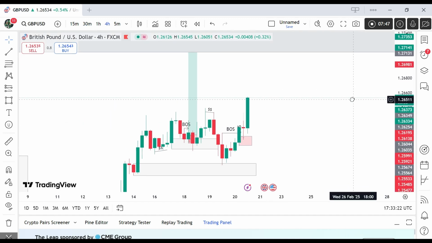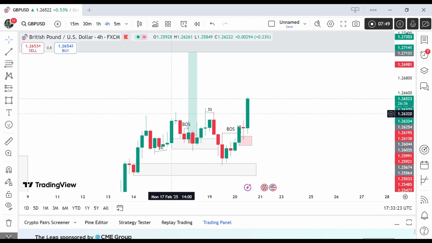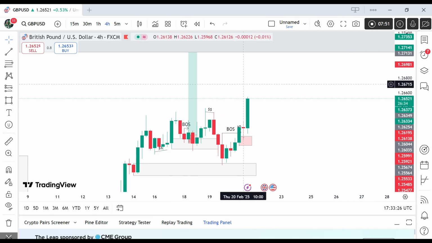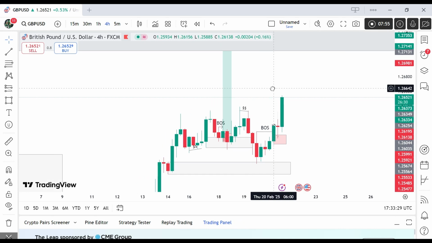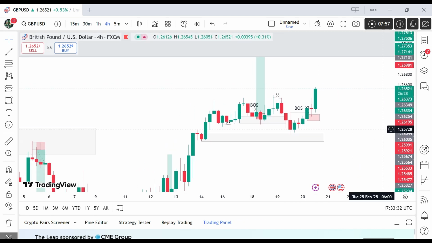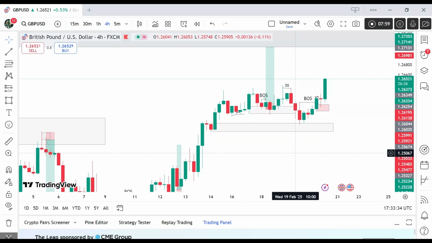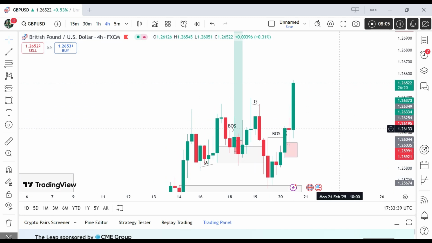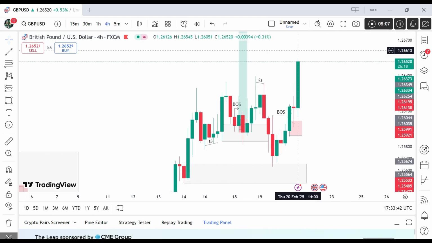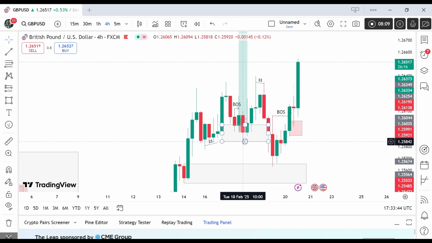Now again on GBP USD, this trade was on Tuesday, the same day when I took that loss. So again, the general bias was for me to buy, right? Previously, before all this price action happened, on Tuesday in this area we had this high, low, high, which broke this structure nicely, right?